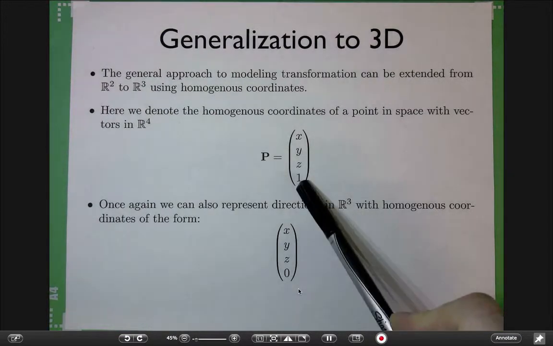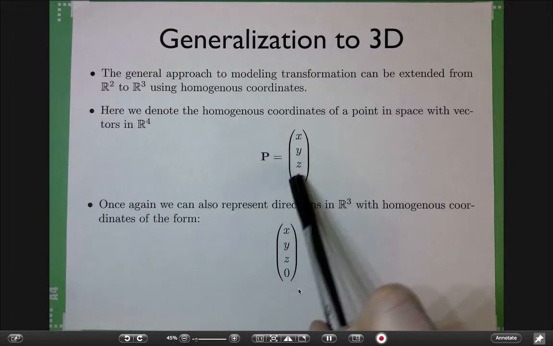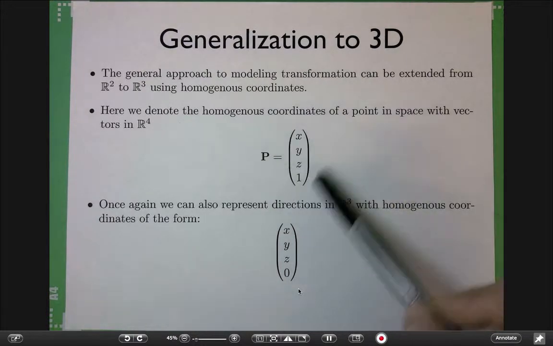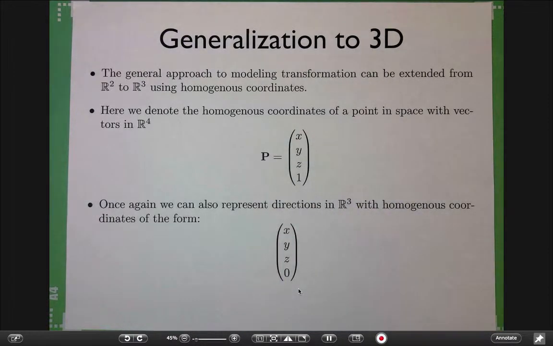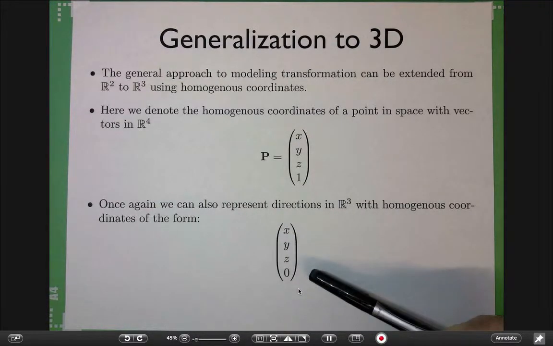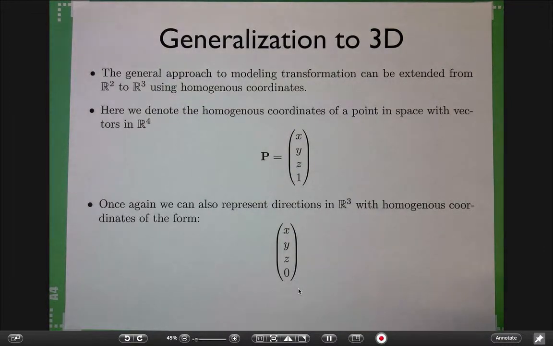But the mathematics works exactly the same. I just add the extra homogeneous 1, and I form a 4-dimensional vector. So this represents now a point in 3D affine space, and this would correspond to a vector in a 3D affine space, or a direction vector, whatever you want to call it. So that's basically literally translating in 1 dimension higher.